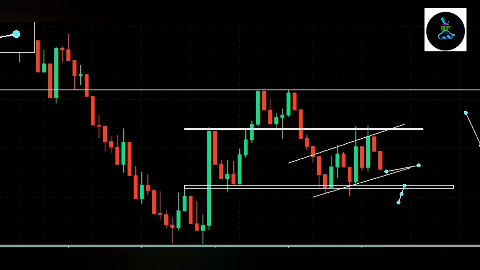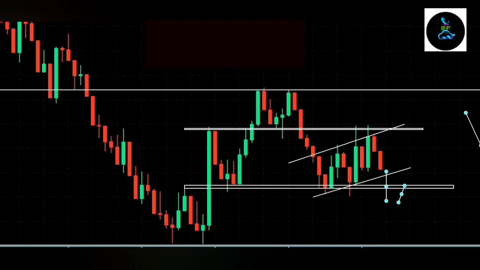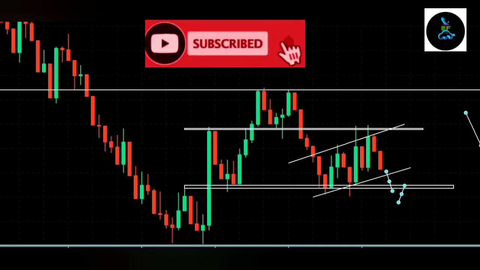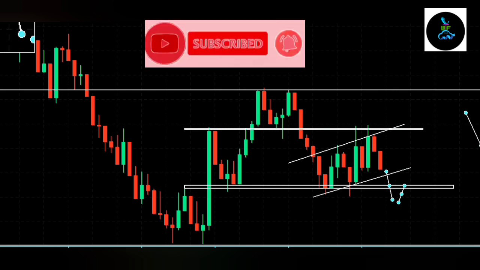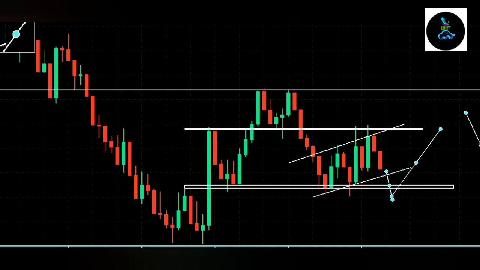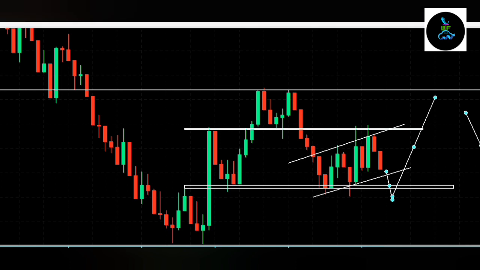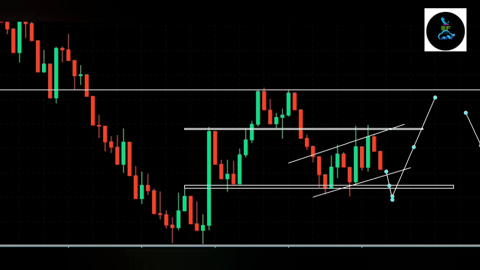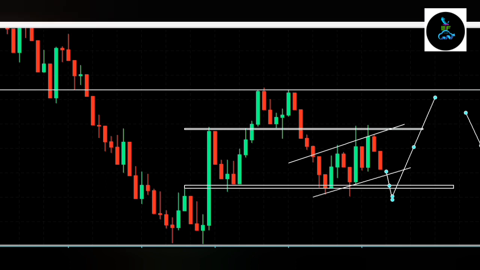And then don't forget, we are always telling you the market is not your friend. No matter how good you feel you are in trading, the market could also make a false breakout and go back up like this, as we indicated.